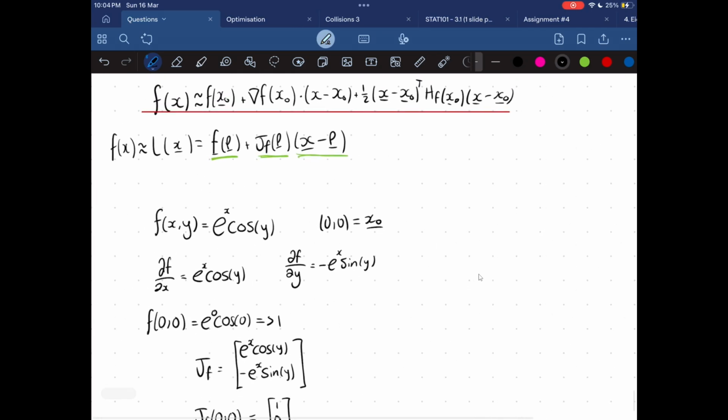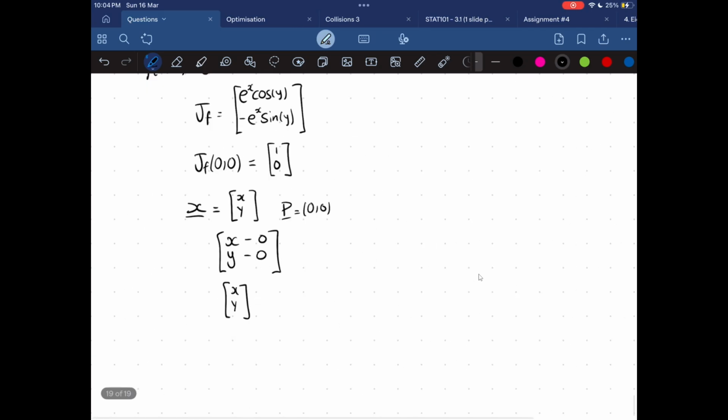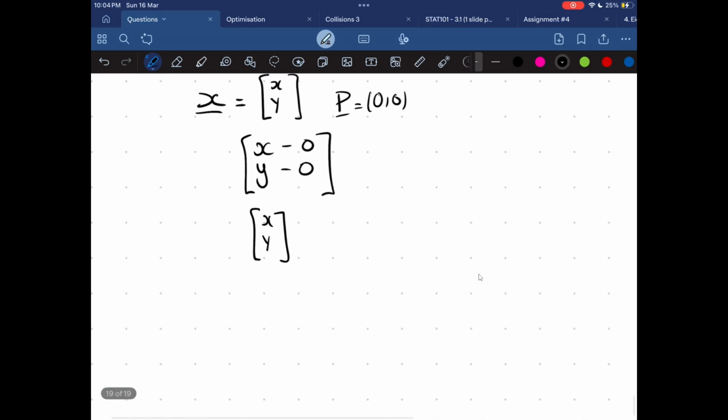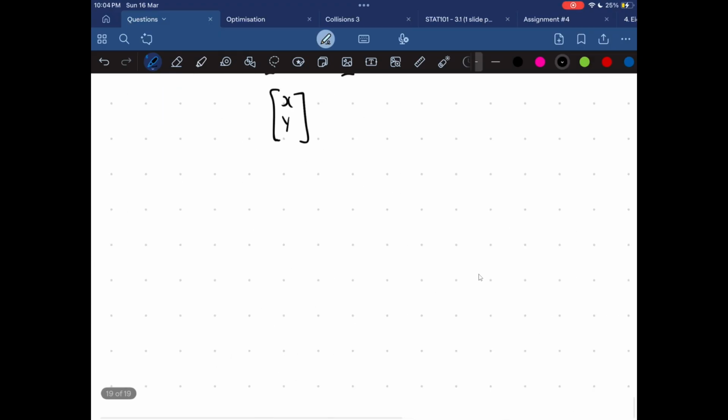And now this last part says the Jacobian times x minus P. So we can write this as 1, 0 times x, y. Now, if we multiply using matrix multiplication, we are just left with x.